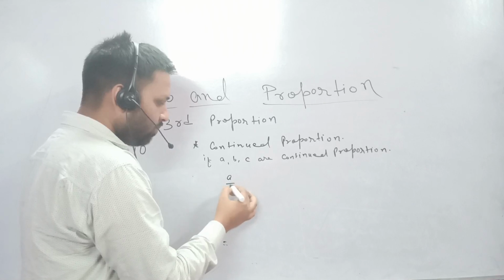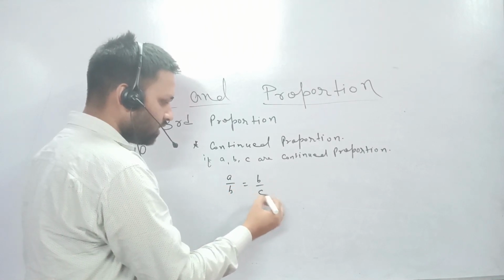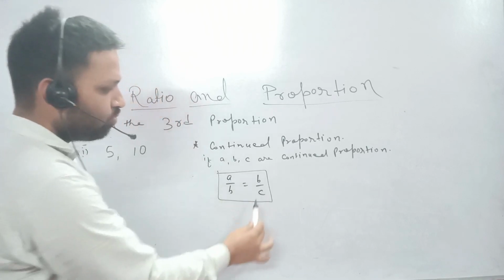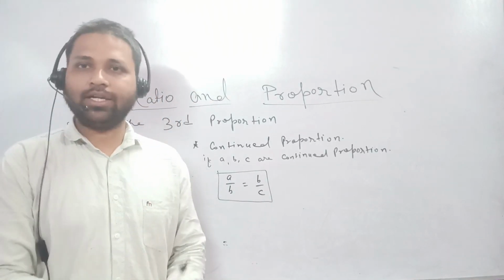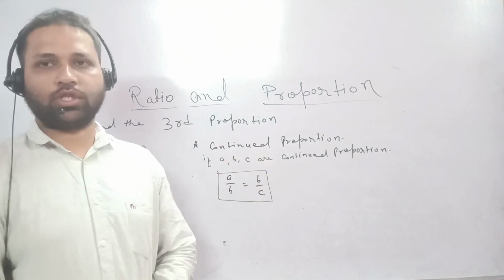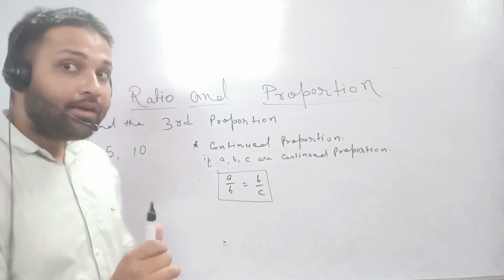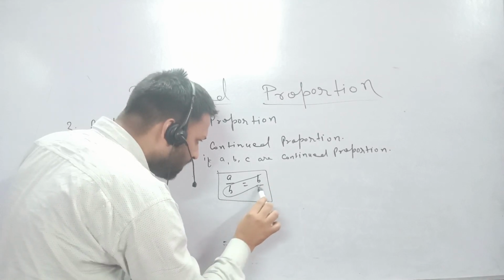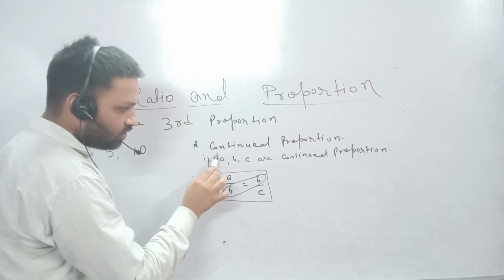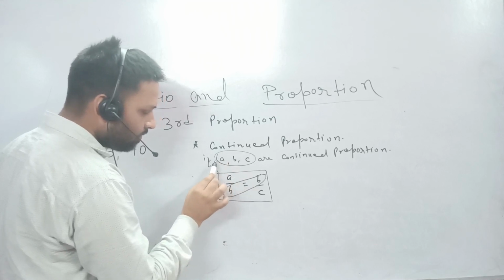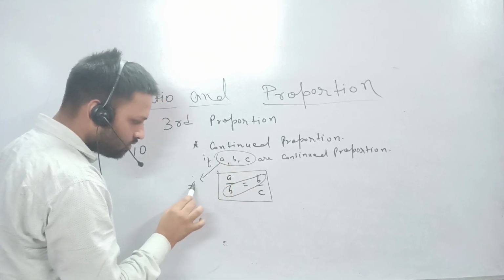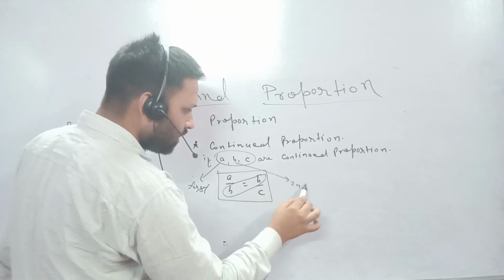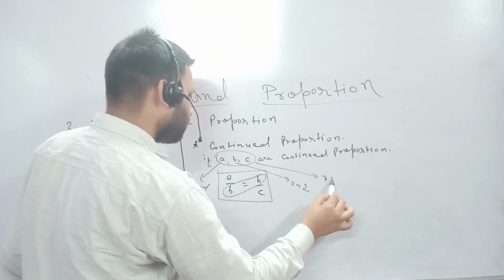Then A by B is equal to B by C. If you see A by B is equal to B by C, then you can say they are in continued proportion. In continued proportion, only B is common, and there are only three terms. A is the first proportion, B is the second proportion, and C is the third proportion.